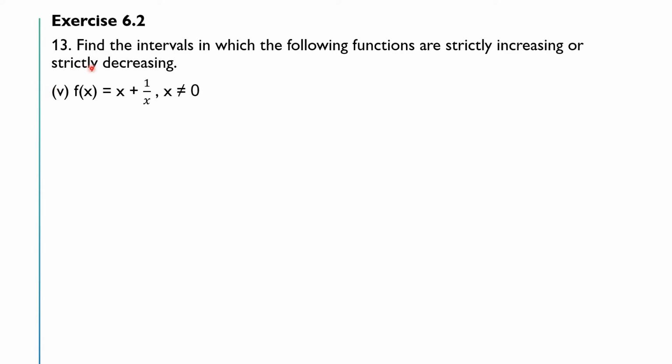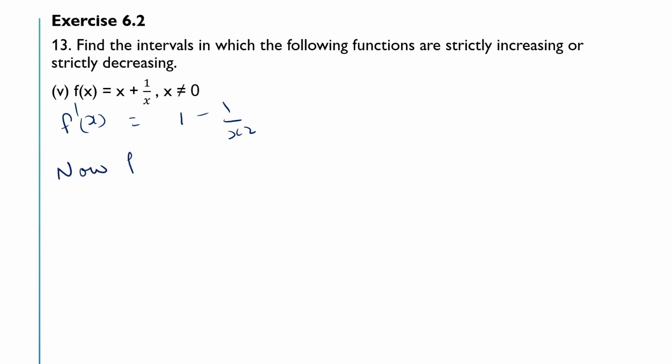So the question is, find the intervals in which the following functions are strictly increasing or strictly decreasing. Here f of x is equal to x plus 1 by x, and x not equal to 0. First let us find f dash of x. f dash of x is equal to 1 minus 1 by x square.